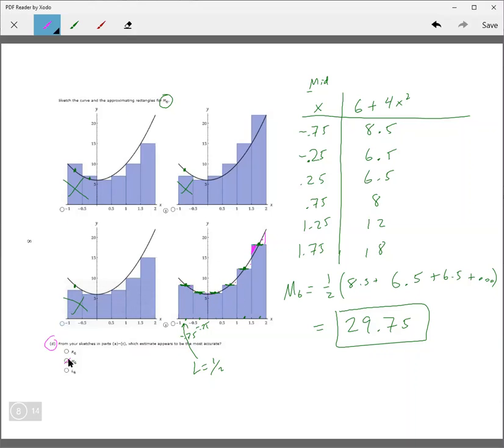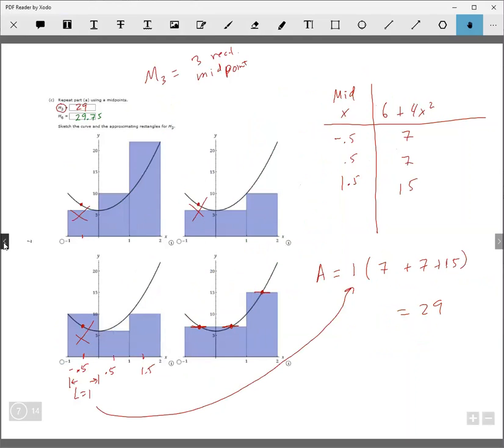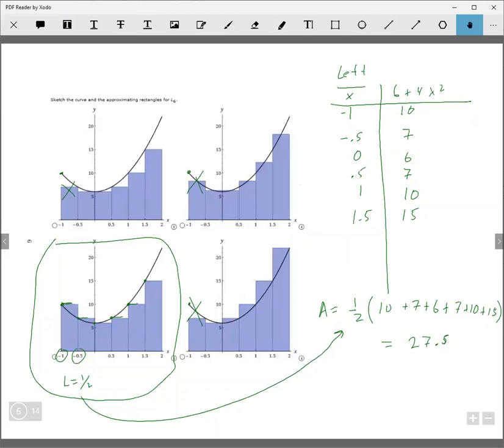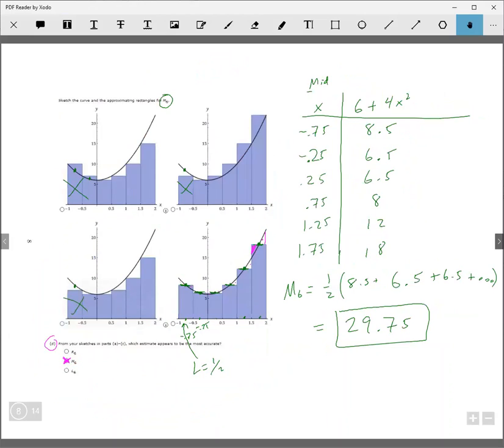It's actually going to be the correct answer, because if you look at R6 and L6, let me see here. Okay, we got it right here. This one right here is actually the drawing for R6, and this is the drawing for L6.